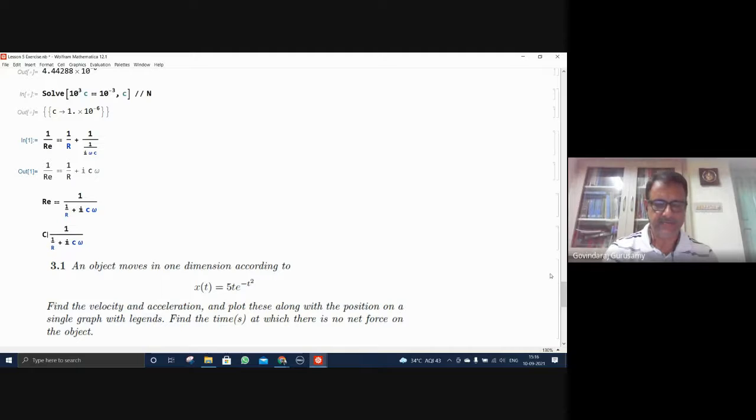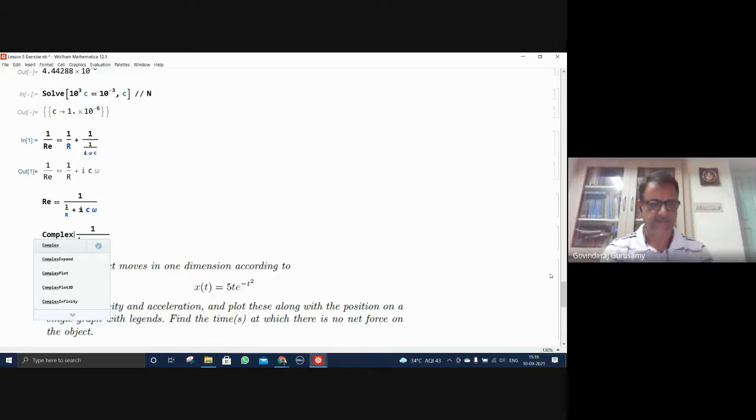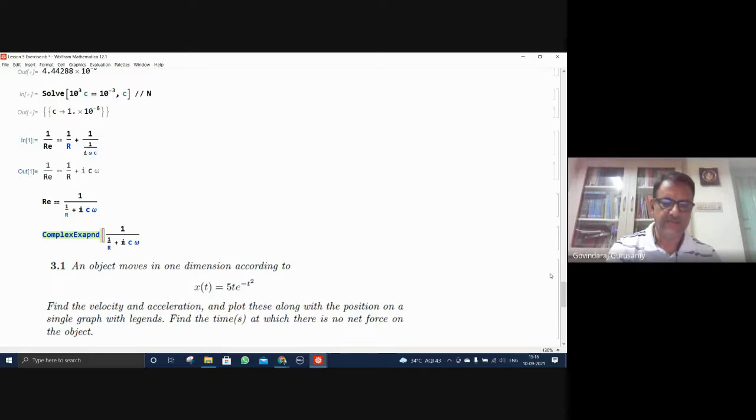Then I'm going to find out what is the complex quantity now. I want to expand this. Find out what is the real part of this. Then I have only R and C, which is parallel. This is the real part. Okay? Copy.